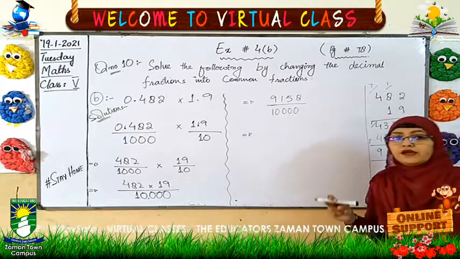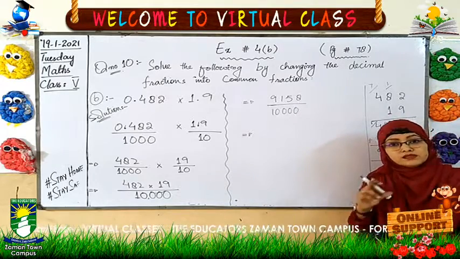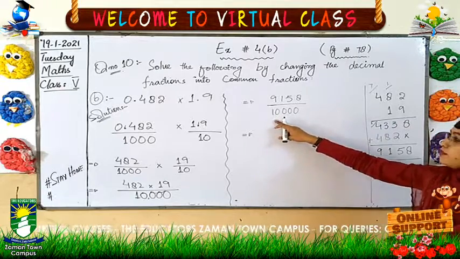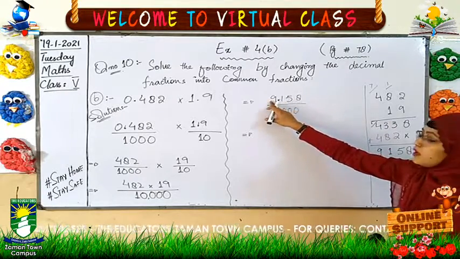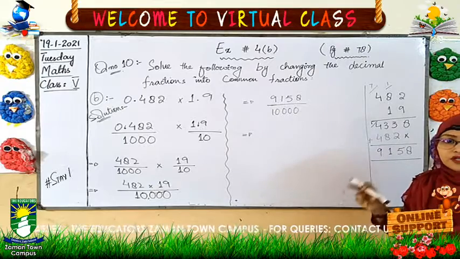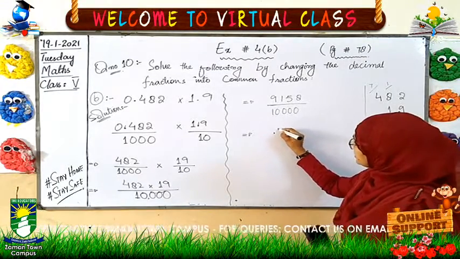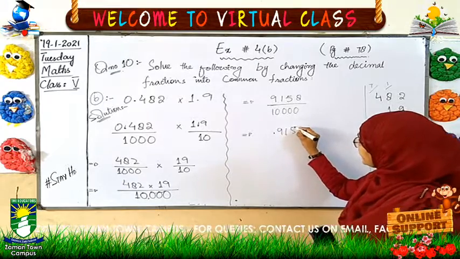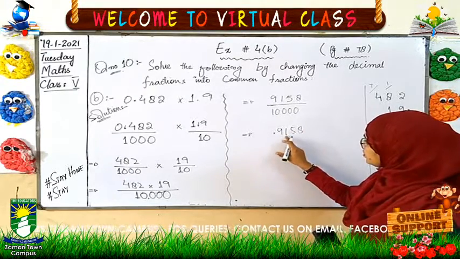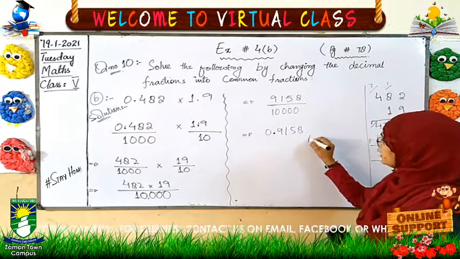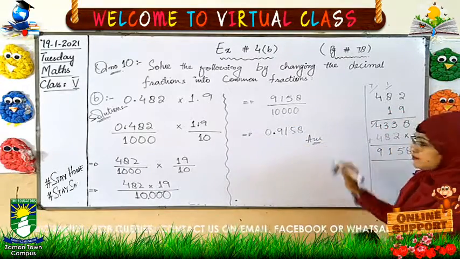As many zeros as we have, 4 zeros, so we will count 1, 2, 3, 4. After 4 digits we have to make the point. So we write the answer as 9158. 1, 2, 3, 4. After 4 digits I have made the point and 0 will come here. This will be the answer.